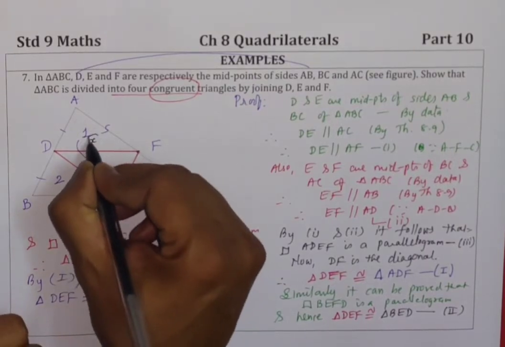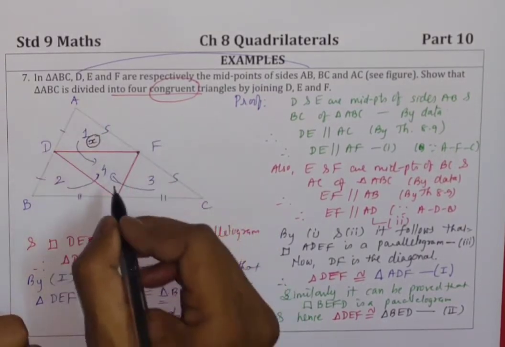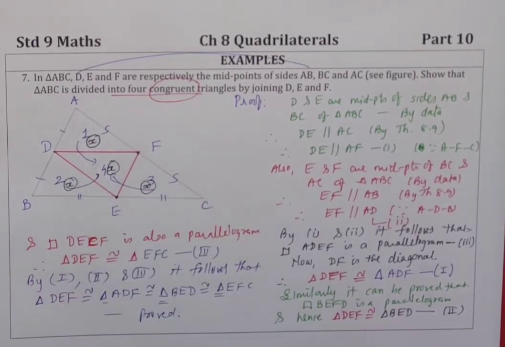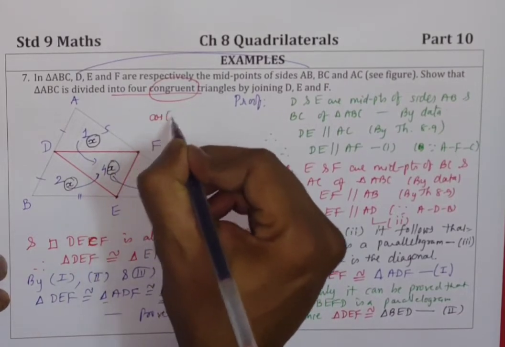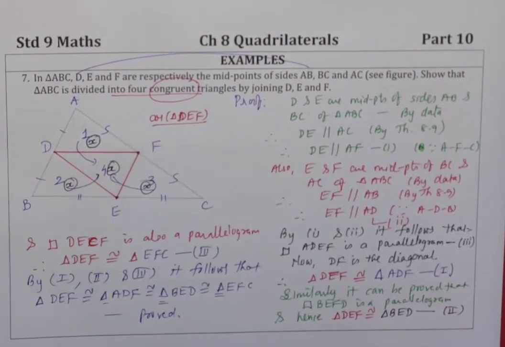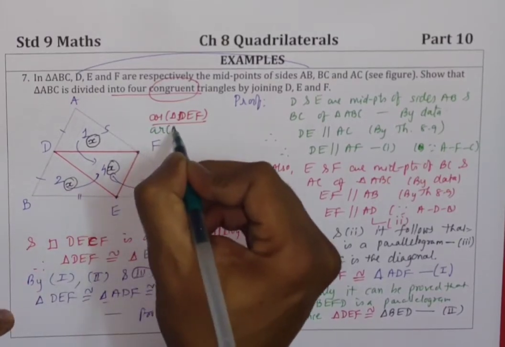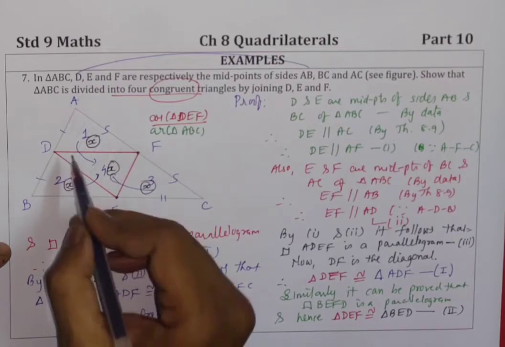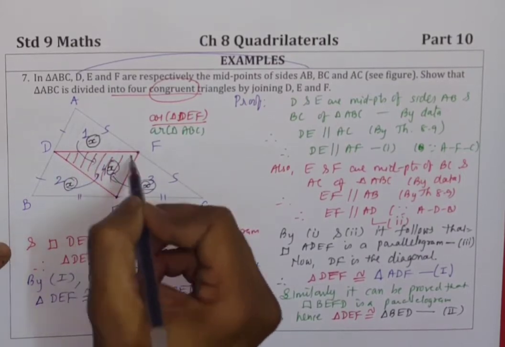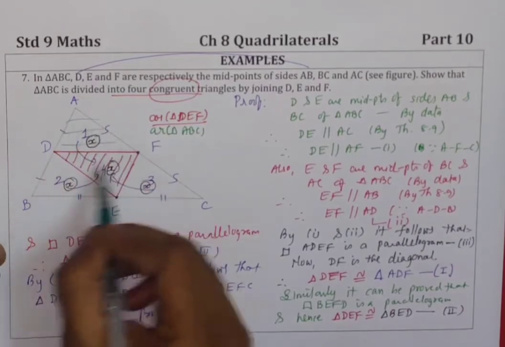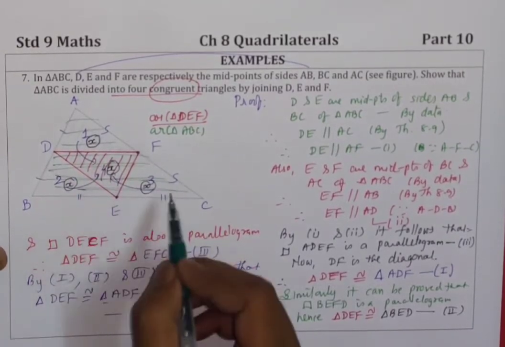Alright children, so this we proved, but from here it's very important. Children, suppose the area of this triangle is x, then this one is also x, this one is also x, this one is also x, right children? So if I take the ratio of area of triangle DEF upon area of triangle ABC, triangle DEF is the triangle obtained by joining the midpoints, and triangle ABC is our original triangle, correct?